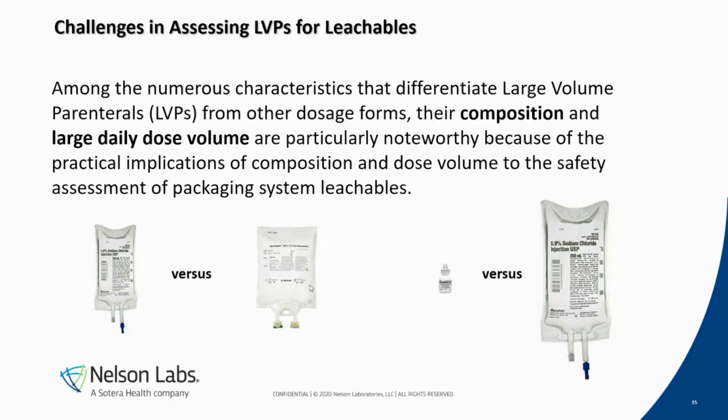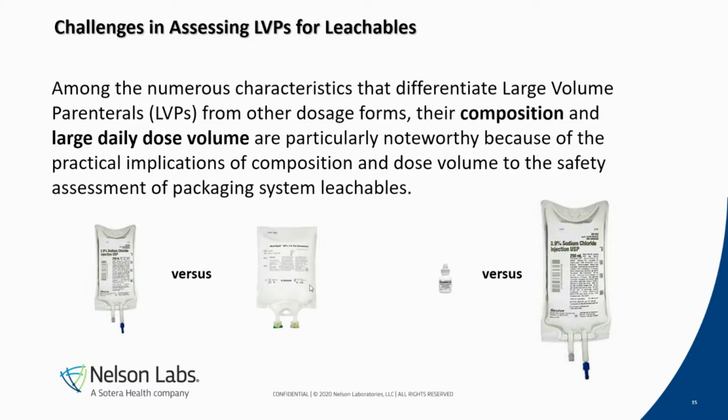In order to establish what patient safety impact a leachable might have, you obviously have to measure the leachable in the drug product. You have to know what that leachable is, because its identity dictates how safe or unsafe it is.